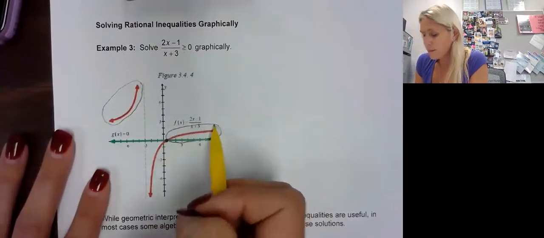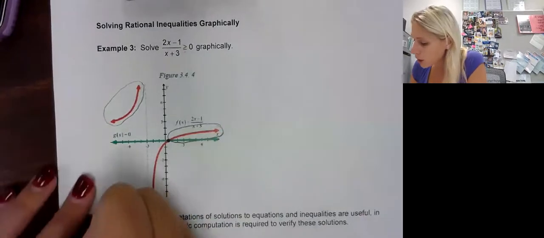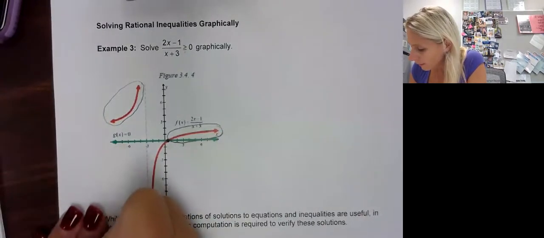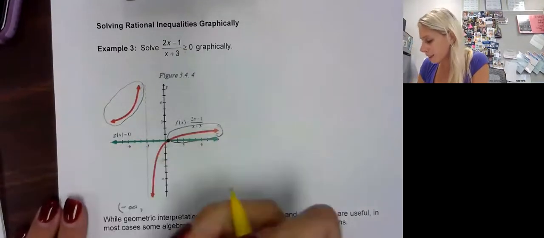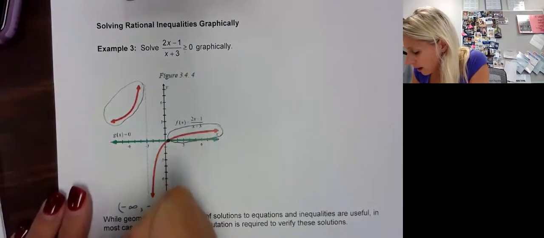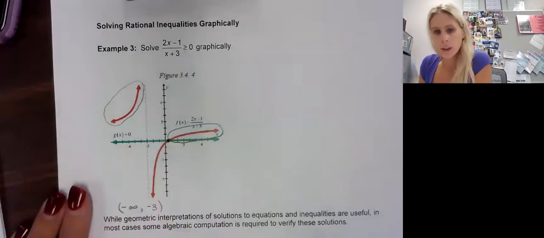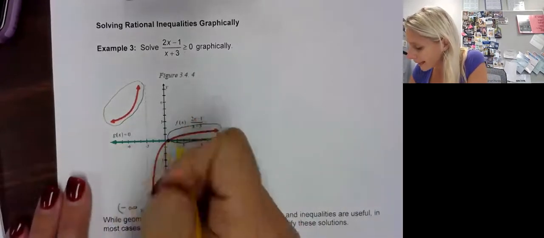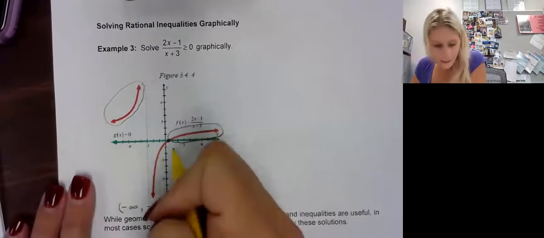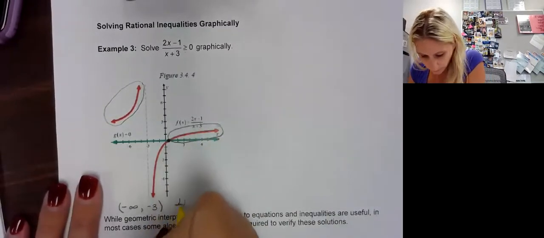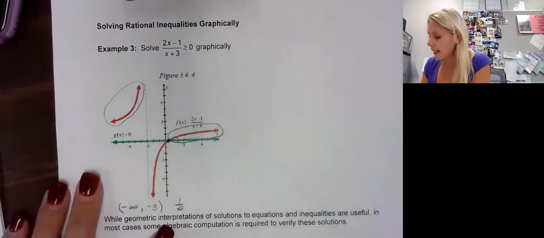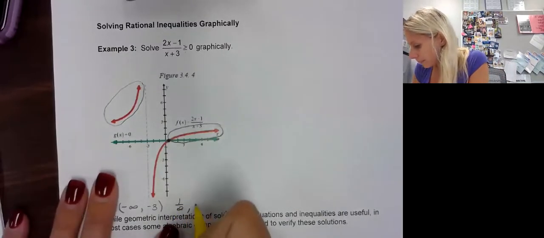And right there. So our answer should be negative infinity. Where's the x value going to? It's going to negative 3 but it doesn't get there, so it's parenthesis. And that second part, well, that second part, we'll find out that this is going to be 1/2. Now, and it goes to infinity.